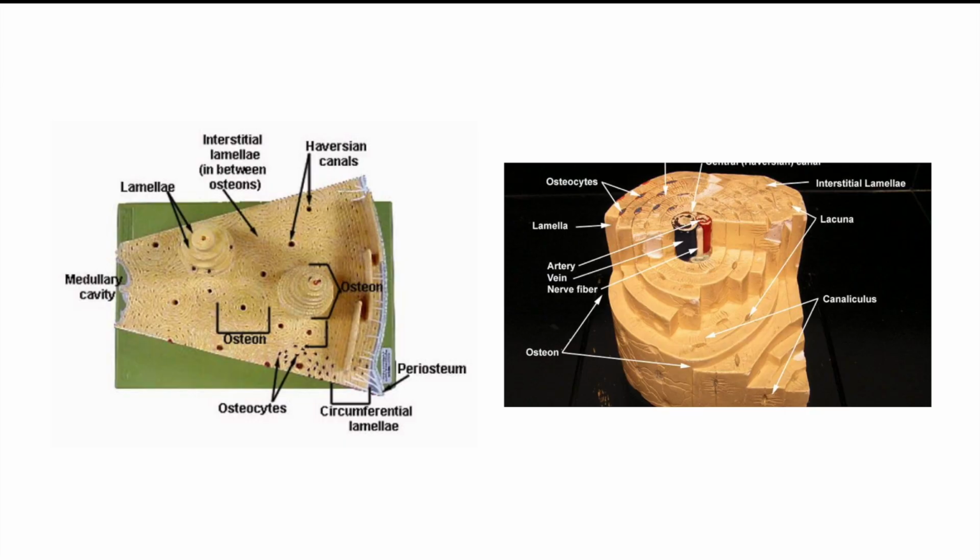Now, in lab, what you're often going to see are plastic models that depict this Haversian system. So this right here is the pizza slice, but it's in plastic. So you'll see these in the labs. And here you can see the lamellae.